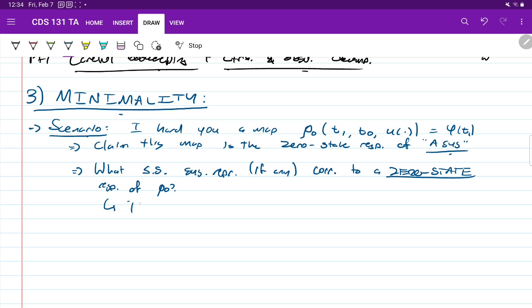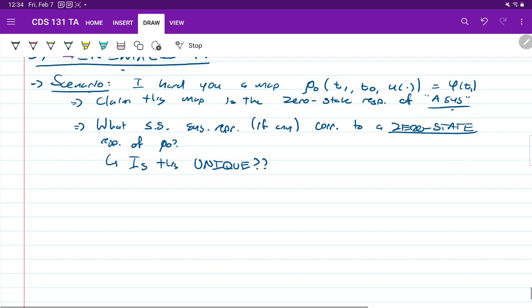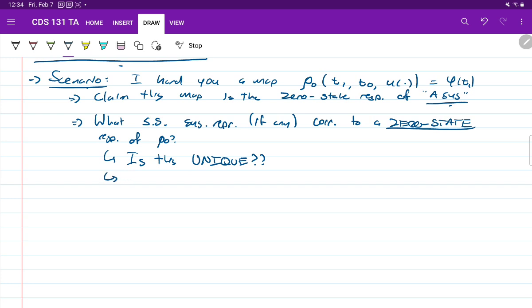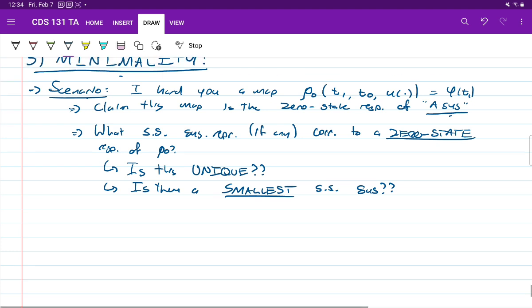First, you might ask, is this unique, right? Is there only one state space system that does this? Probably not, right? Now, a second question we might ask is, is there a smallest state space system that does this, right? A state space system with the smallest possible state dimension that still gives me this IO map, okay?